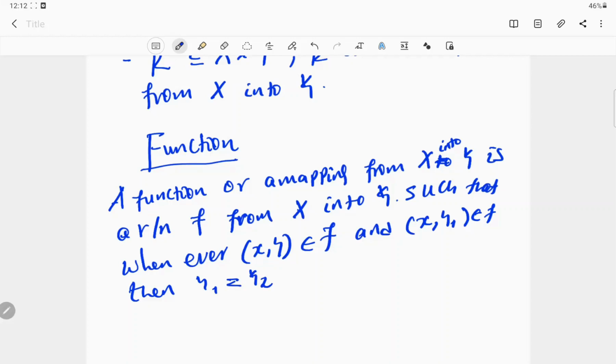So that means if you have the same first component, you need to have the same second component, otherwise it can't be a function. So if x maps to y and x maps again to y1, then for F to be a function, we need to have equality here.